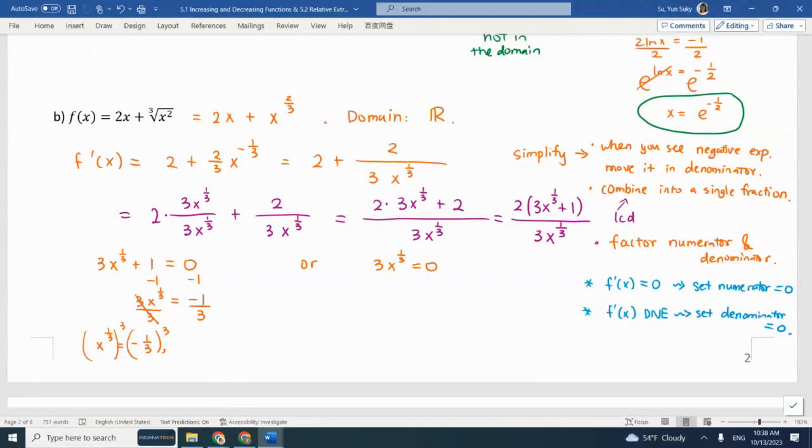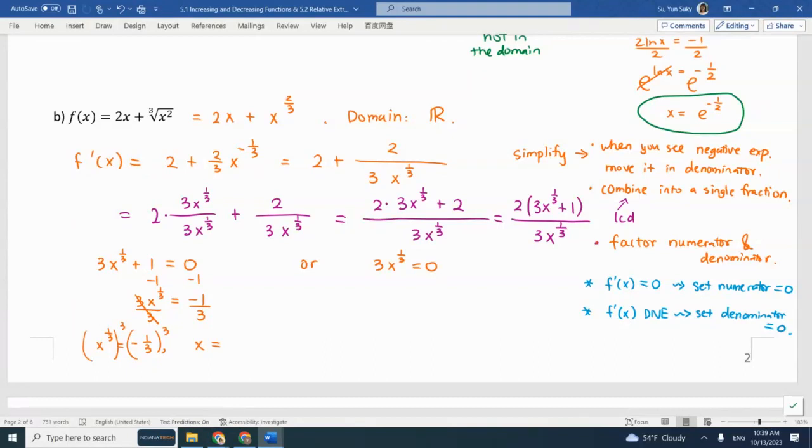So your left hand side just gives x. Right hand side, what's -1 cubed? -1 cubed is -1. And what is 3 cubed? 3 times 3 times 3 is 27.